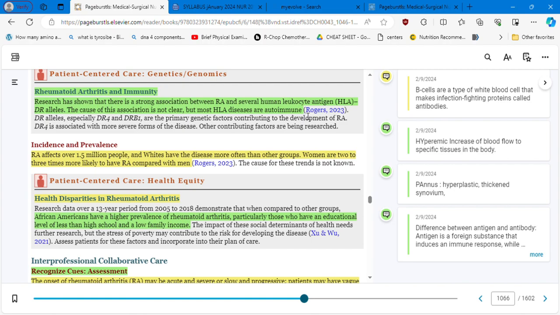Many of the medical assistants or nurses that I train sometimes ask me, what is the difference, Dr. Matalana, between antigen and antibody?